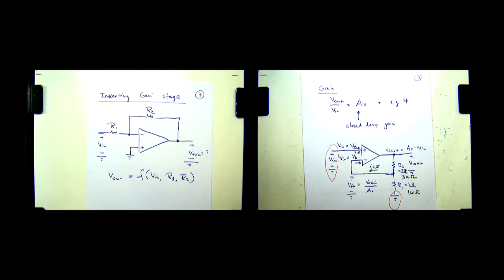Already know? What is the current flowing here? This resistor. See? Okay, now you can solve it.